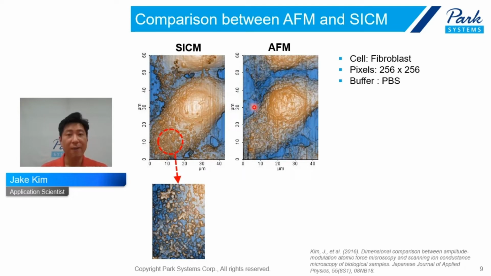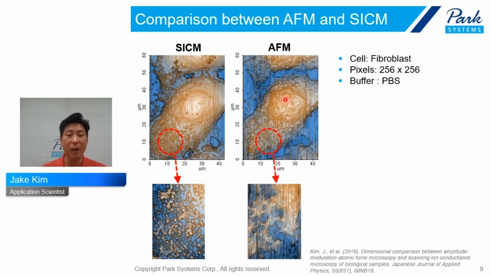But AFM shows these very small features as just small pictures crossing them, like this. Also, in the AFM image, the sample surface appears to be pressed by the AFM tip and sample surface interaction.